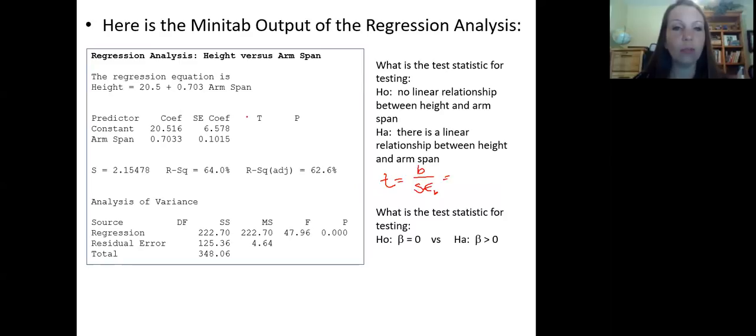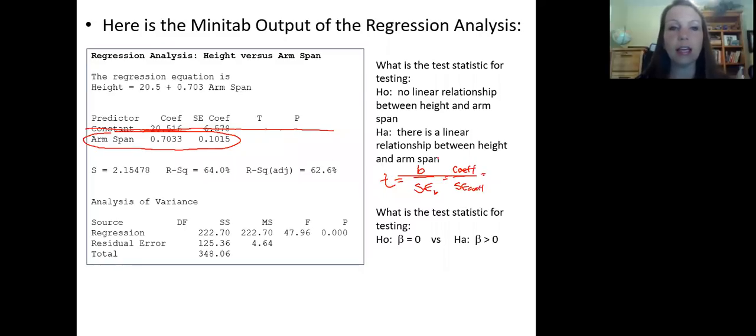In our output over here, we have our coefficients table, and we always ignore the first line because that corresponds to the intercept. The one we want is the second line because that corresponds to the slope. Remember in Minitab speak, b is the Coef, and SE of b is the SE Coef.